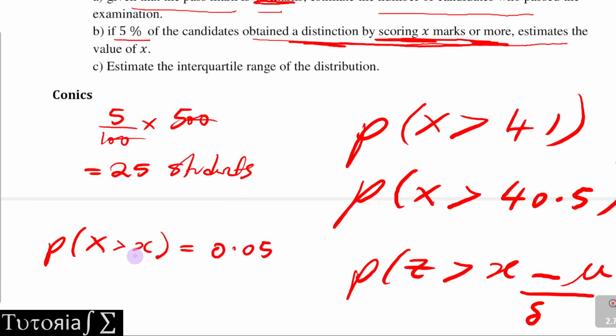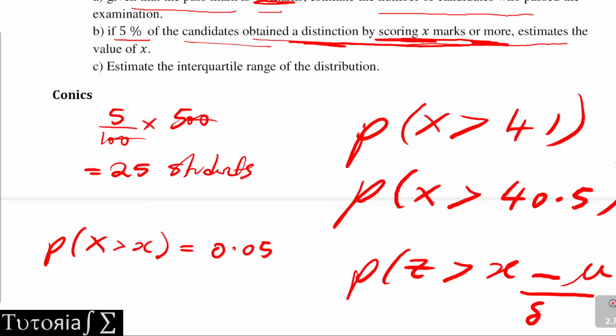So X here is representing the number of students who got above the distinction. So the small letter x is the mark that students got above the distinction.